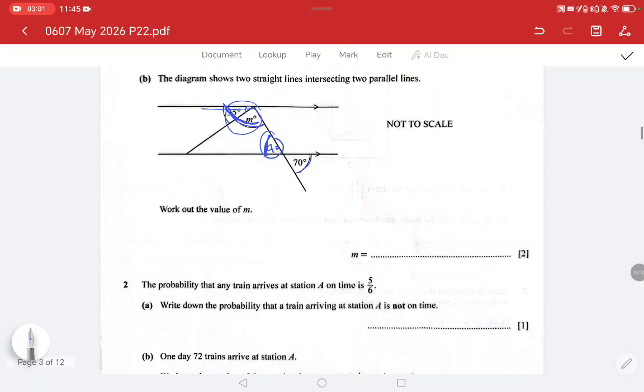Co-interior angles add to 180 degrees. So it means 180 minus 70 minus 35. This will give me m. So the answer of this question will be 75 degrees.